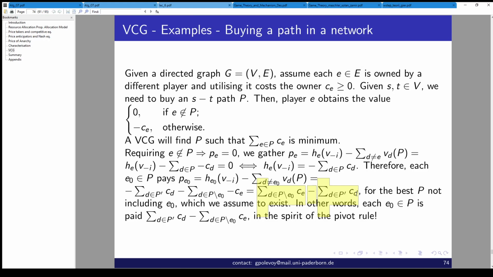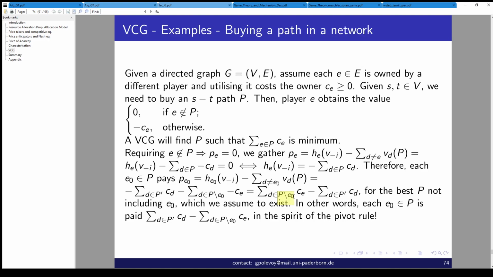Now, in other words, we can say that each e0 is, well, this is always negative. Excuse me, yes. Why? Because we look at all the edges which don't include e0. In one case, we start with a path which is the cheapest, and we also delete something e0.